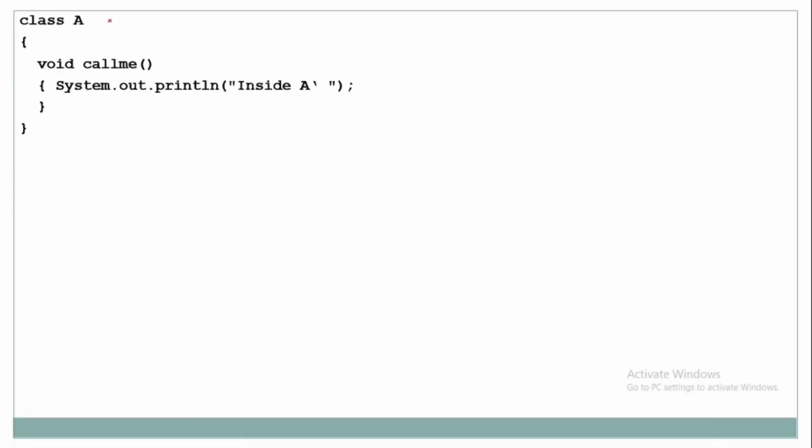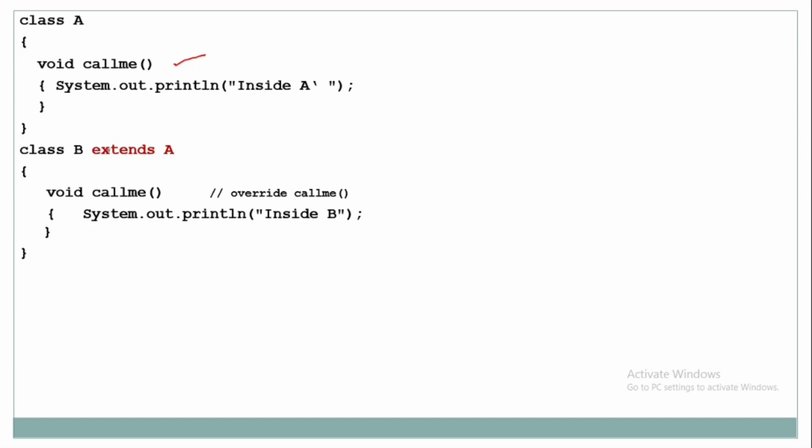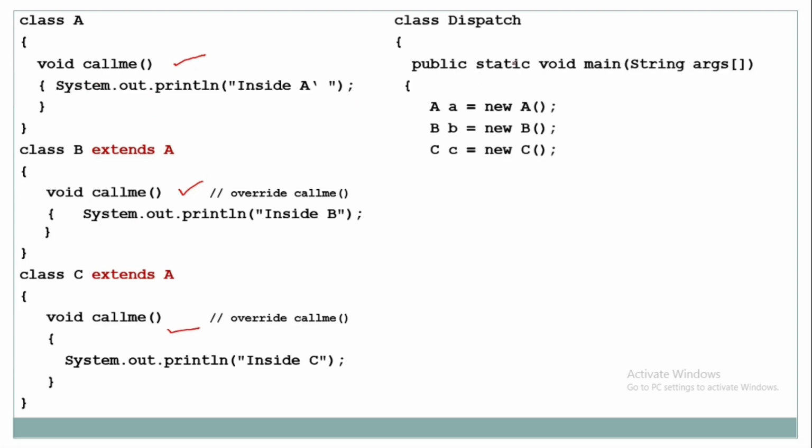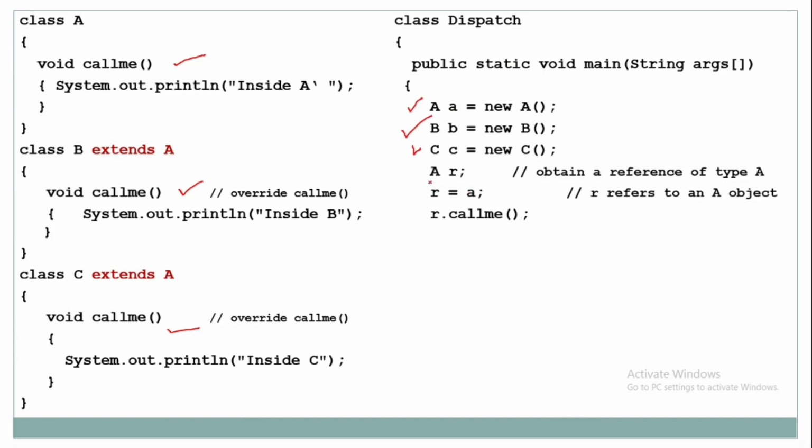Class A has a method callMe. Class B, a subclass of A, has a method void callMe. Class C also has the method callMe. So all the subclass methods override the base class method. Now we'll create three objects, of class A, B, and C. As you can see here, this r is called a superclass reference variable.